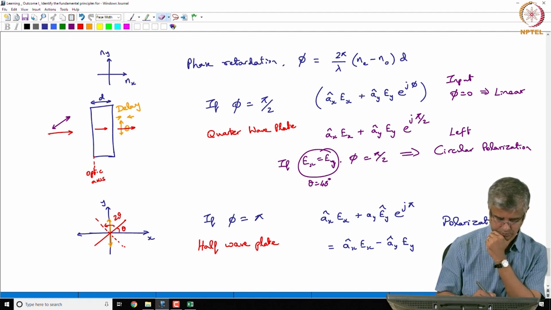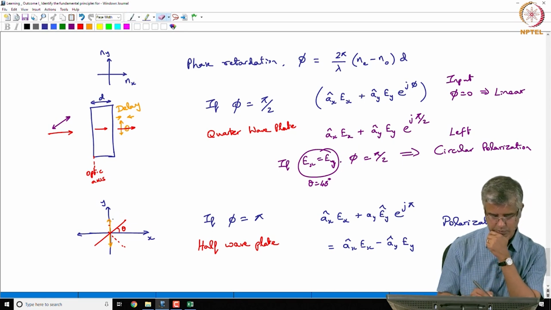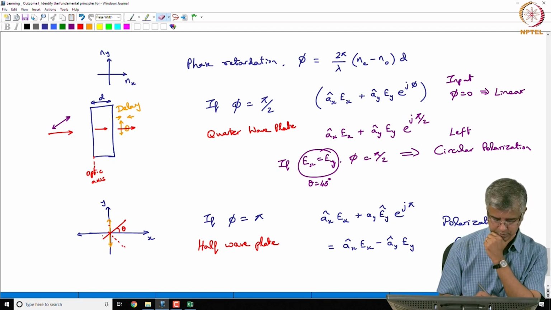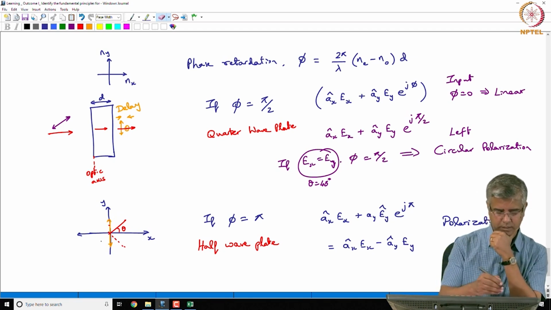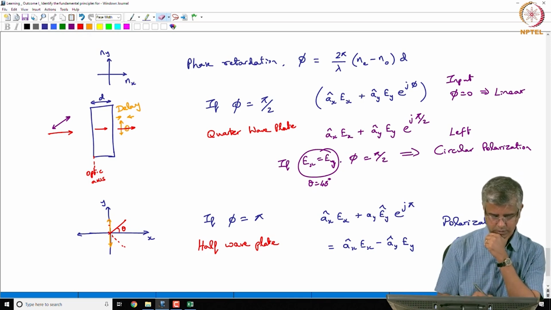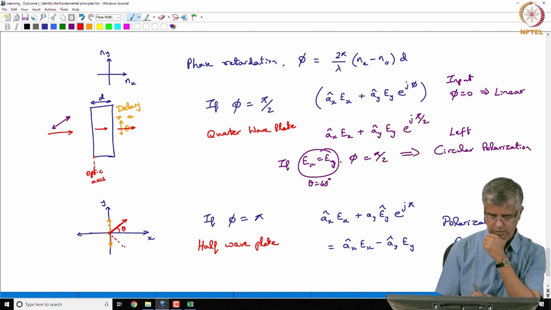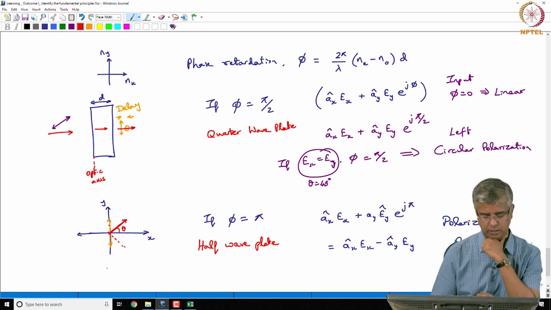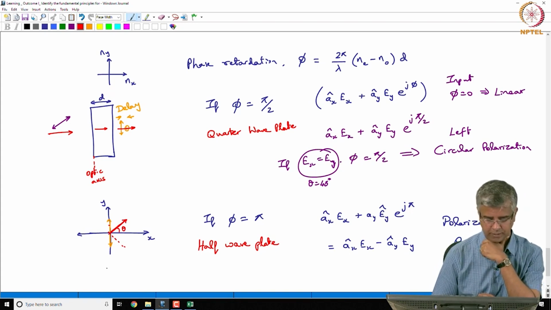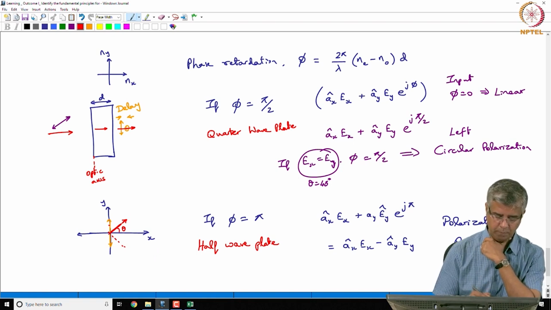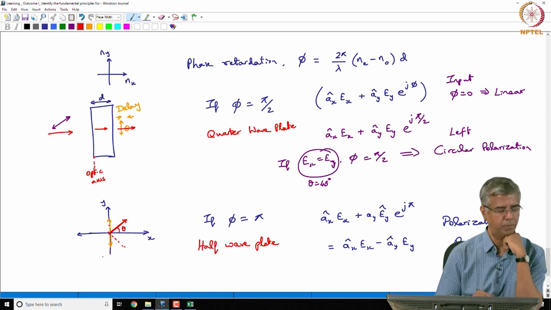So, I said we are actually going to go through a rotation this way, but what will happen here is, we talked about the incident polarization being like this into a half wave plate rotated by theta, but while propagating that through the half wave plate, we said the EY component is getting flipped.